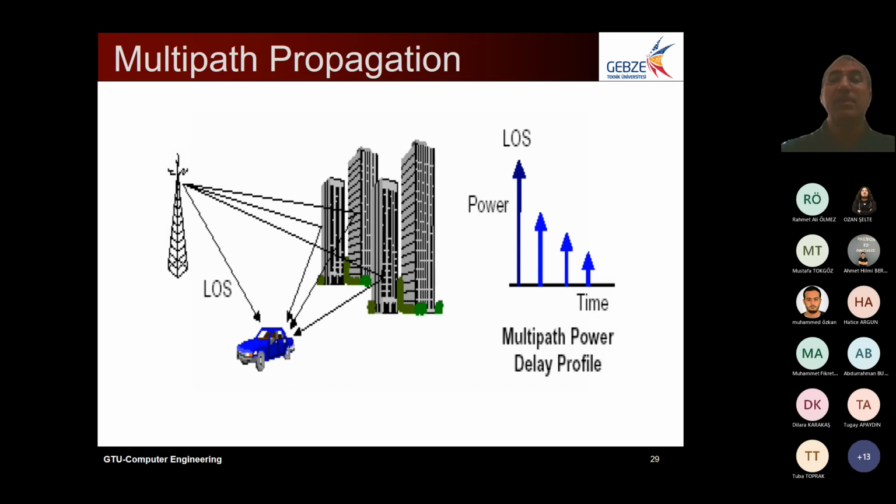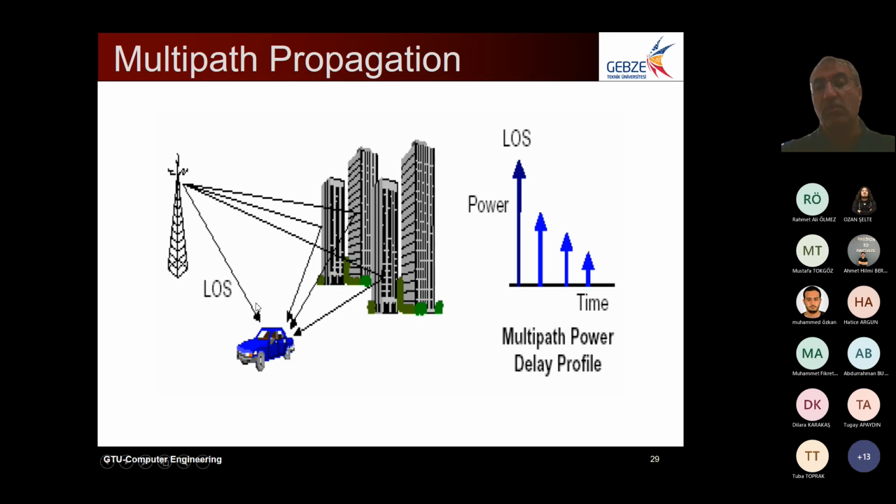And we talk about multi-path propagation. Between the transmitter, in this case the base station, and the receiver, which is a mobile device carried by a person in a car, when the base station transmits some signal, it can go through different paths.